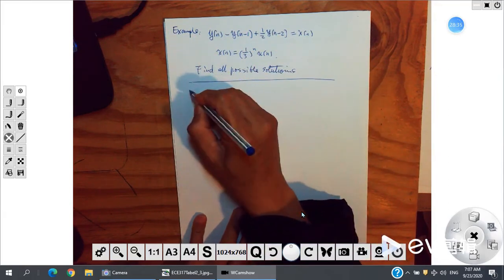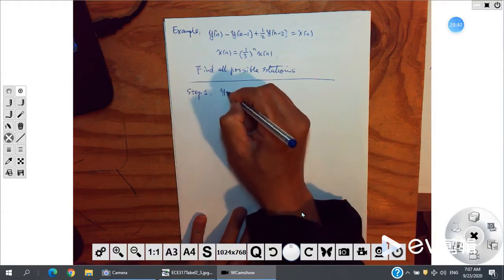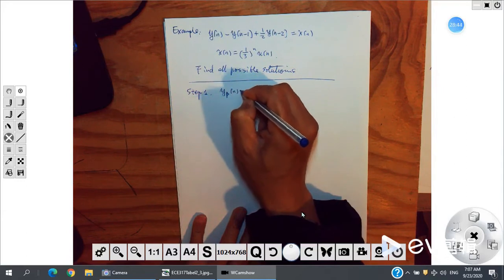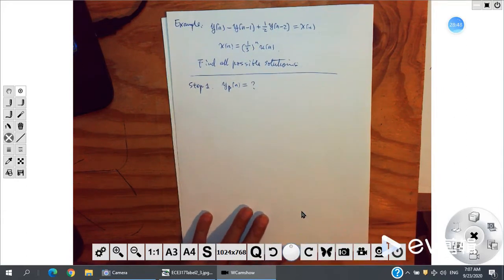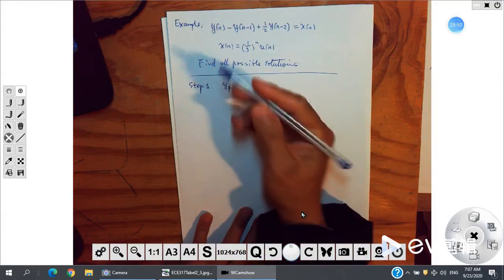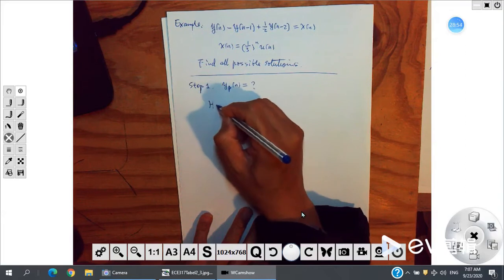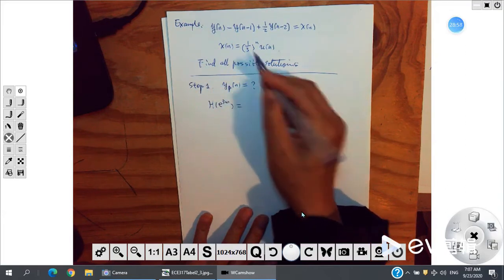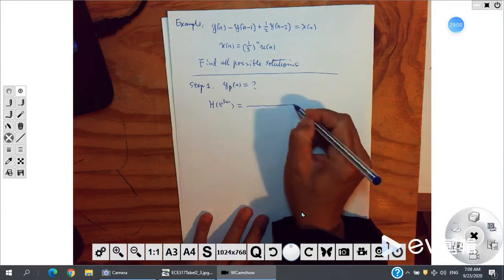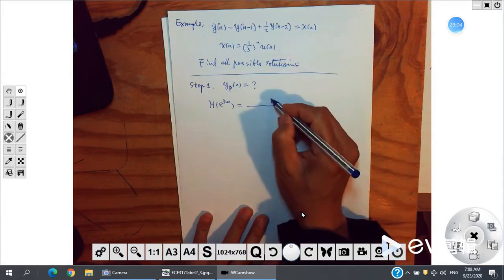Okay, step 1. What is y_p? Similar to the last example, we have H of e to the j omega, the frequency response. You just plug in 1 for the numerator, X of n, nothing changed, just 1.